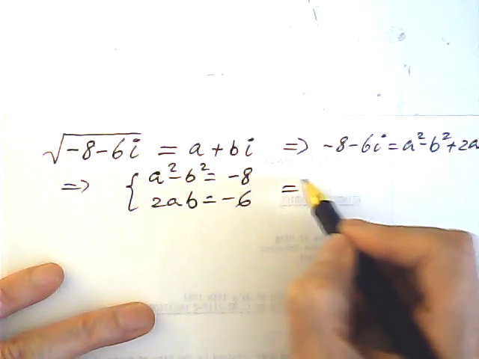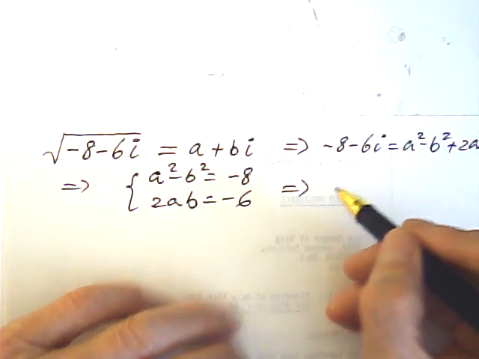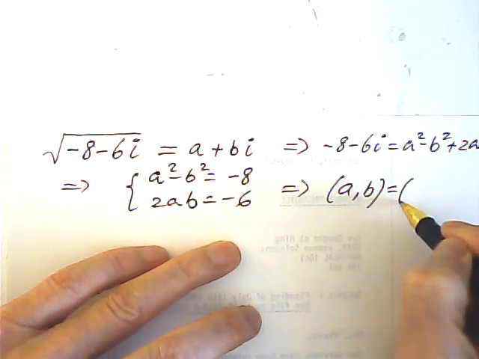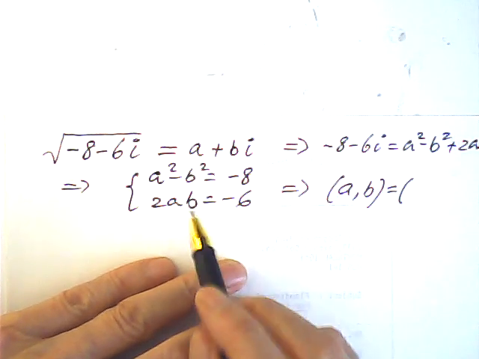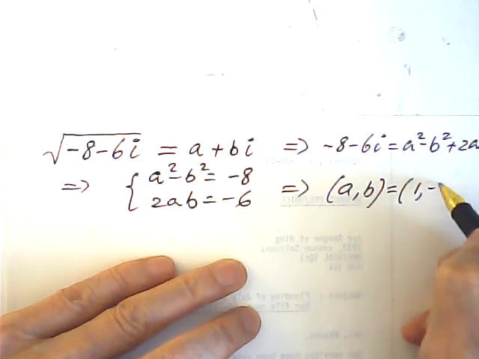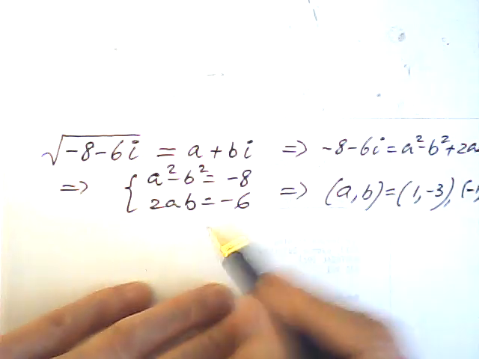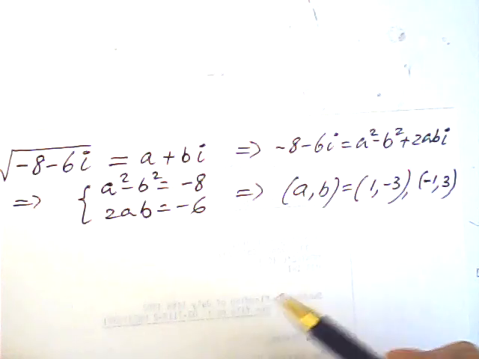Then you get two sets. Well, then a and b are equal to 1 and -3, or -1 and 3. It's just a simple calculation of solving equations.